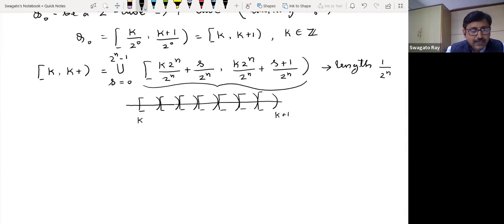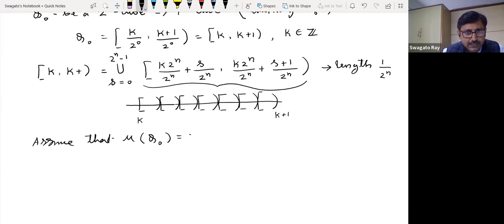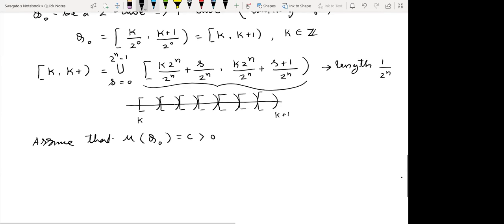let's assume that mu, the measure which we have started with, which is translation invariant and finite on compact sets, let's assume mu of Q0 equals some number, call it C. Is C a finite real number or is it infinity? What is your Q0? It is written at the top.